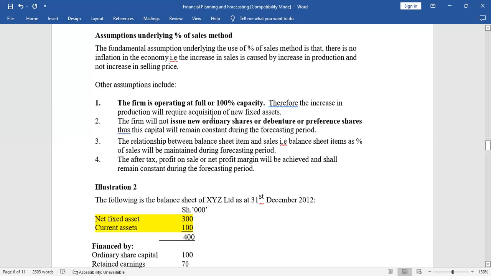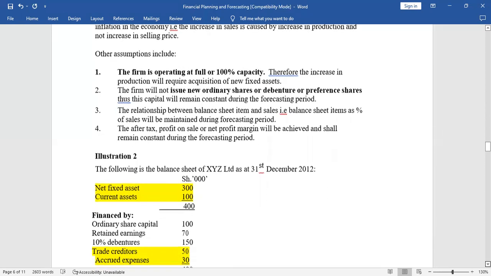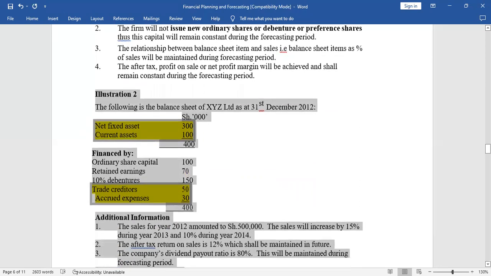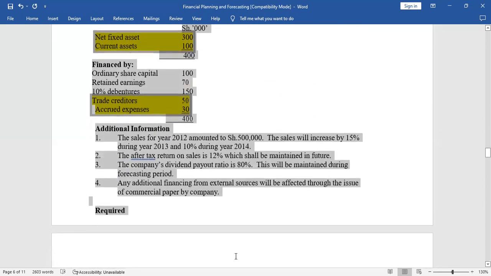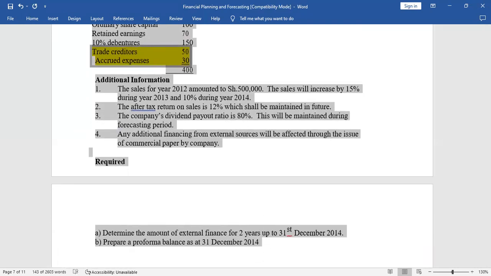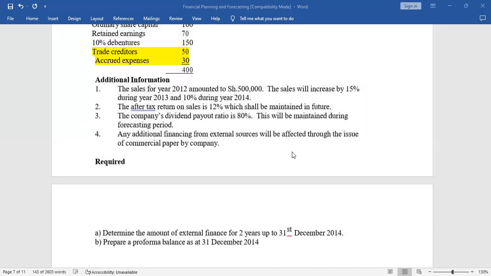I have an illustration here. Let me share it in the Excel, using a different sheet.